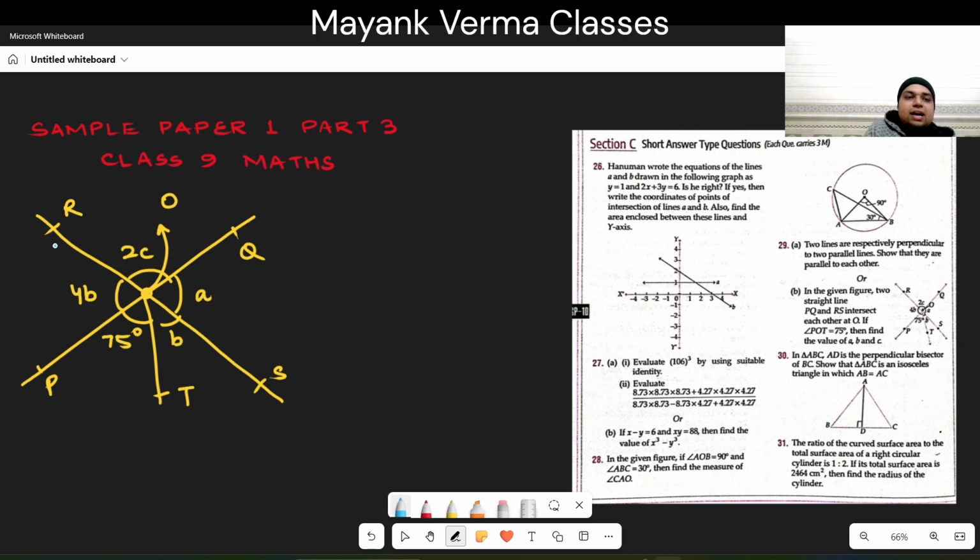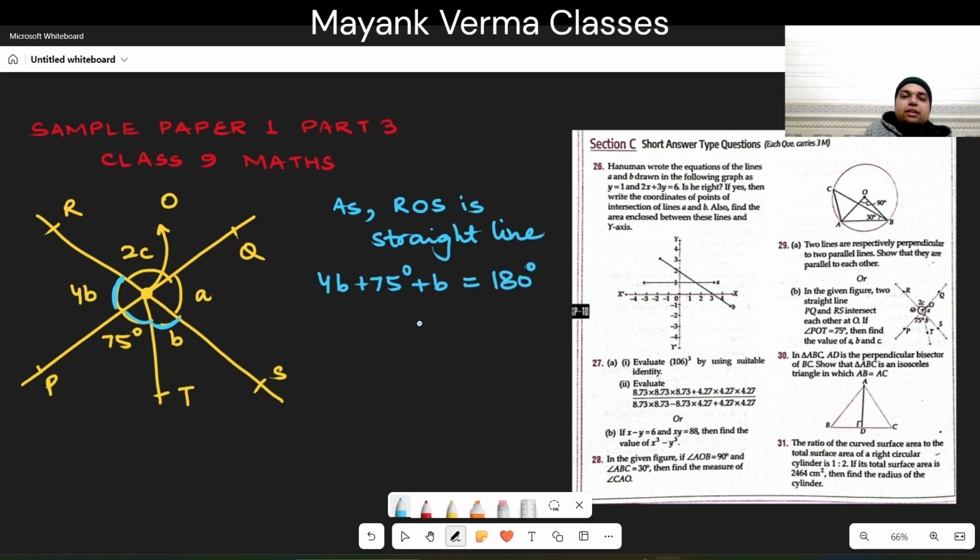I can say that this angle plus this angle plus this angle should be 180 degrees, supplementary angles. So the solution will be: as ROS is a straight line, I can say 4B plus 75 degrees plus B is equal to 180 degrees. That will be supplementary angles.